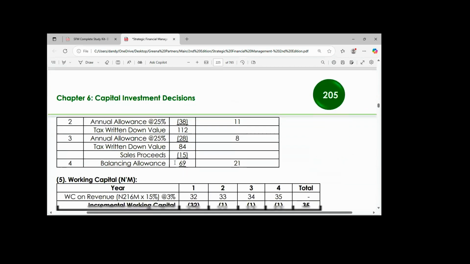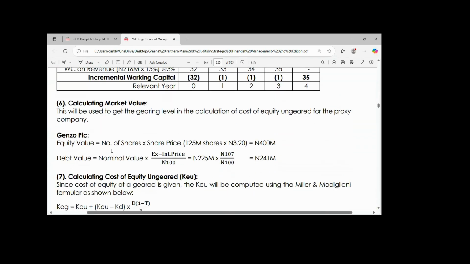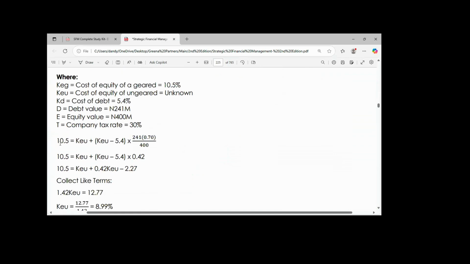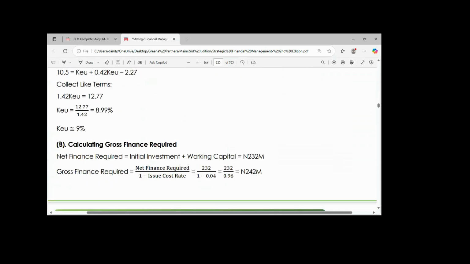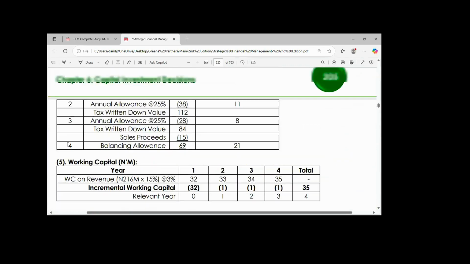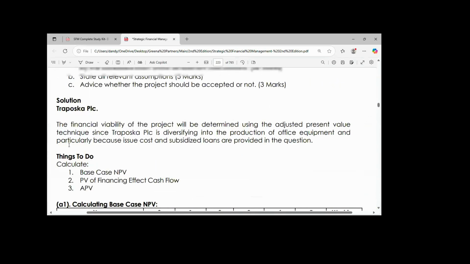Okay, issue costs. This is not the one that involves both equity and debt. I think it has to be illustration number 2 then.